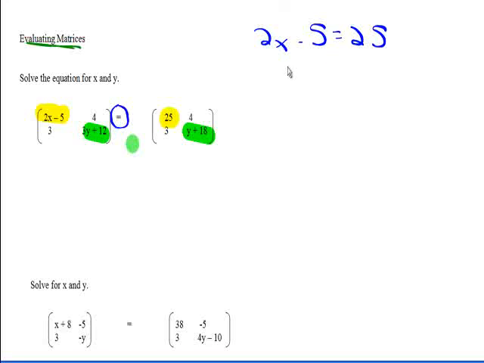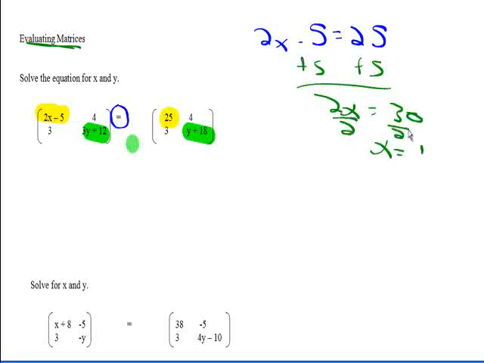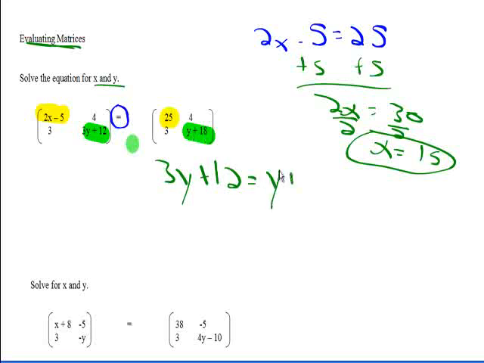Okay, let's go ahead and solve this one first. I get plus 5, so 2x equals 30, so x equals, divided by 2, divided by 2. Hopefully we got 15, so that straightens out what that first item is. Now I'm going to find out what y is. I get 3y plus 12, and that element is supposed to be the same as y plus 18.